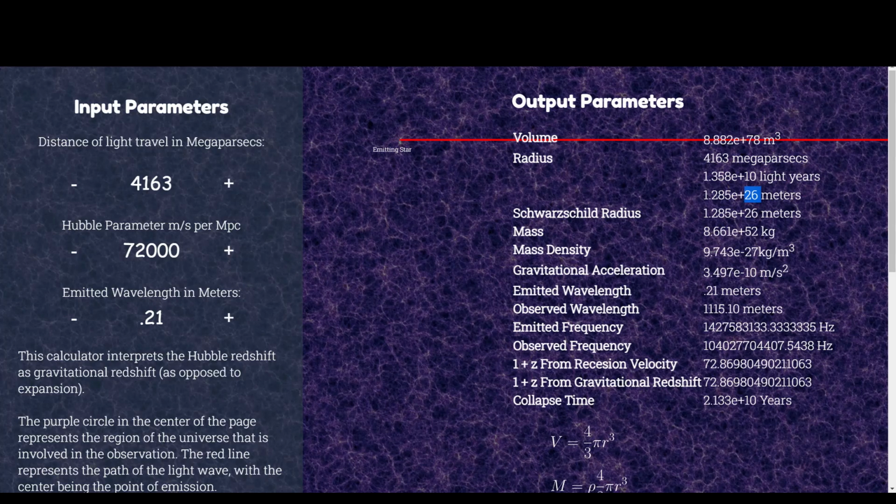Another interesting thing here is the collapse time. A lot of people say that the universe is unstable. It is unstable. A static universe would collapse in on itself. But if you just look, the collapse time increases as the radius increases. In other words, the bigger it is, the longer it takes to collapse.